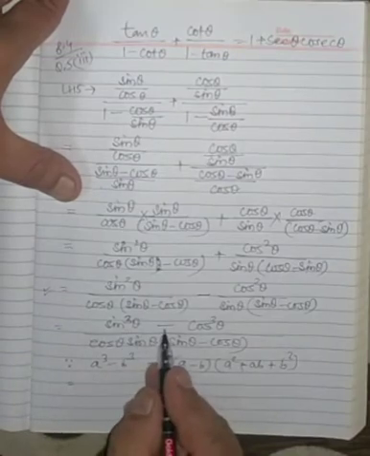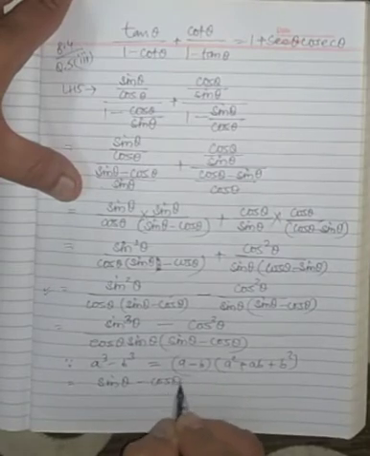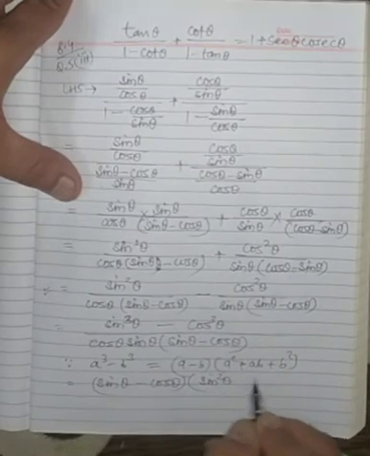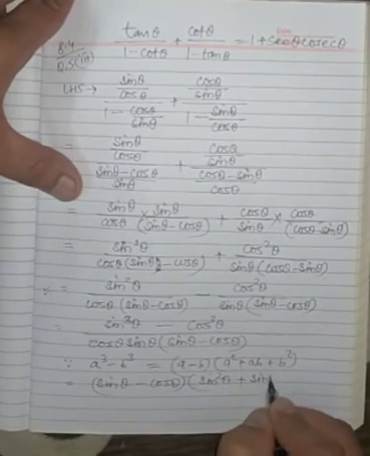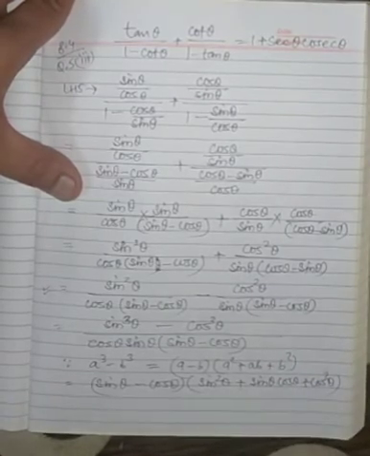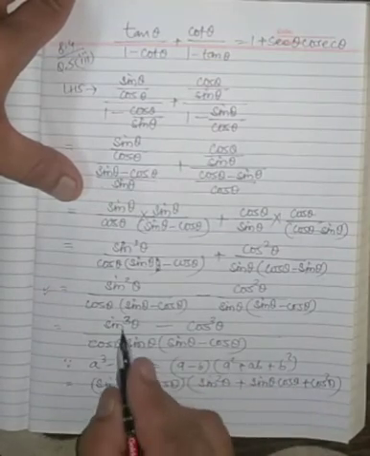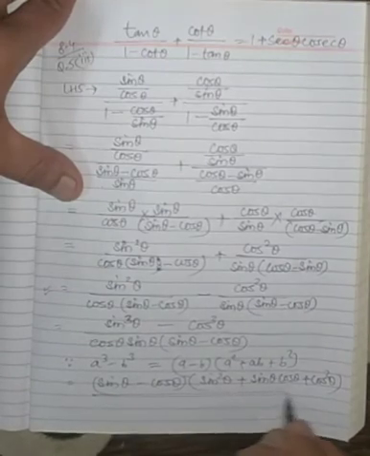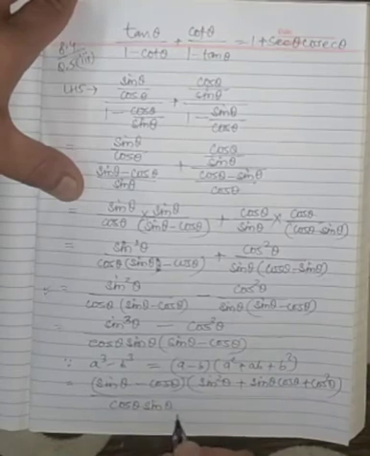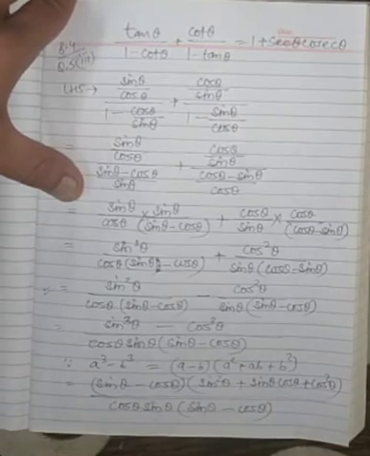So sin cube theta minus cos cube theta is equal to sin theta minus cos theta, a minus b, sin square theta plus sin theta cos theta plus cos square theta. Applying this, a minus b, a square plus ab plus b square for sine and cos, upon the denominator cos theta sin theta into sin theta minus cos theta as it is.